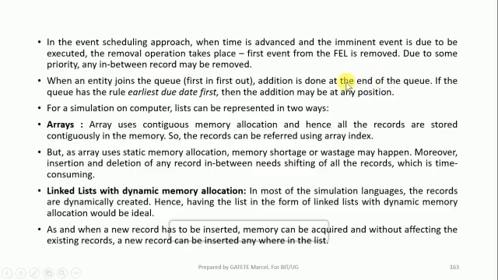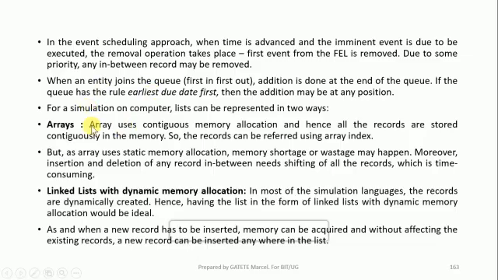It means that the one who came first has to be removed first, so that the new one has to be at the end. If I use the technique earliest due date first, you can add it at any position in the list.